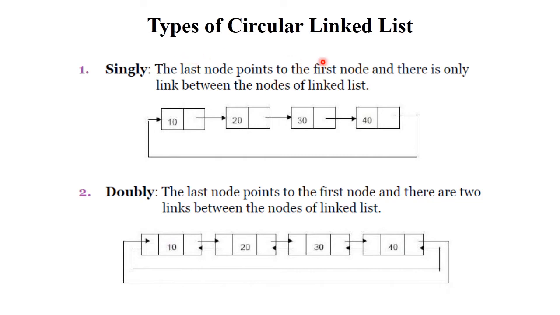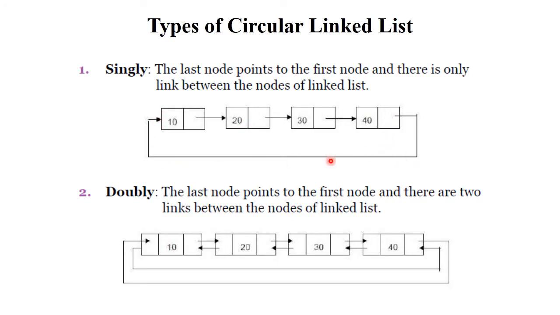Now the types of circular linked list. There are two types of circular linked list: singly circular linked list and doubly circular linked list. In a singly circular linked list, the last node points to the first node, and there is only one link between the nodes, in the forward direction only.